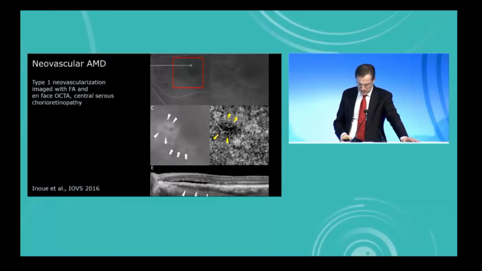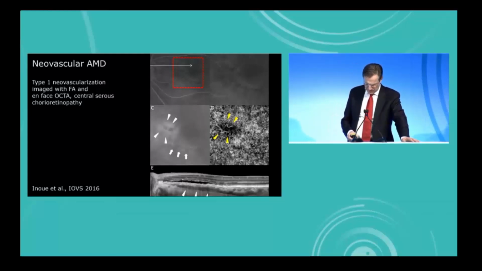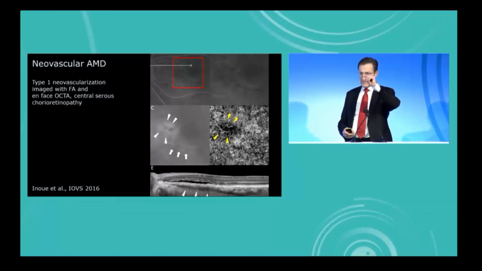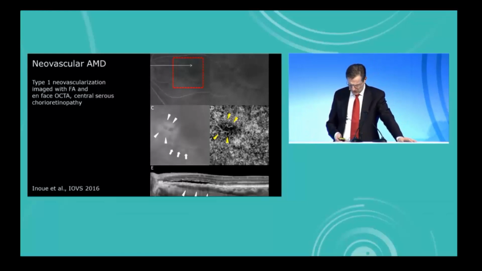There's a serous detachment of the neurosensory retina, and there's a very shallow undulating detachment of the retinal pigment epithelium, and it's right there in that very, very thin layer that you have the vessels shown on the OCT on image section D.